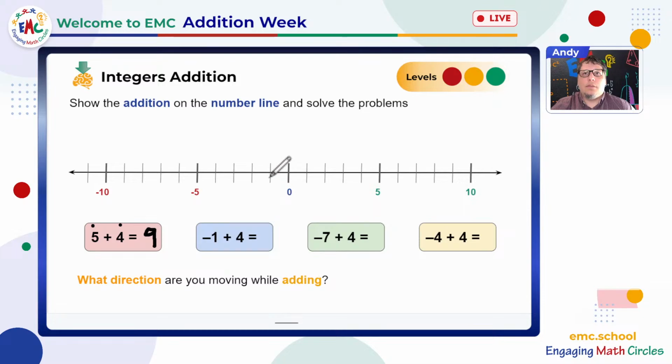On the number line, we're going to start from the first number we're given, negative 1. And then we add 4. When we add, we go to the right. 1, 2, 3, 4. And we landed on 3. Pause the video and try these 2. See if you can figure out where they are going to be.